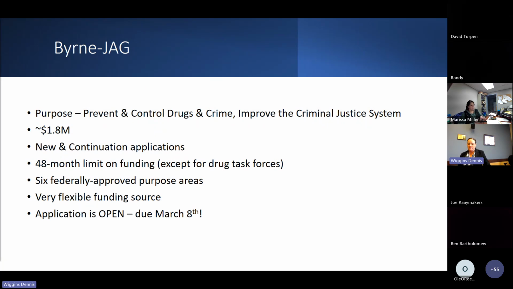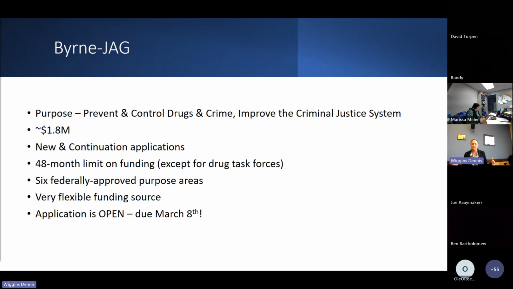All right, Byrne JAG. This is our big one. It's been about $1.6 to $2 million for several years now. The purpose is to prevent and control drugs and crime and improve the criminal justice system. It's very broad.